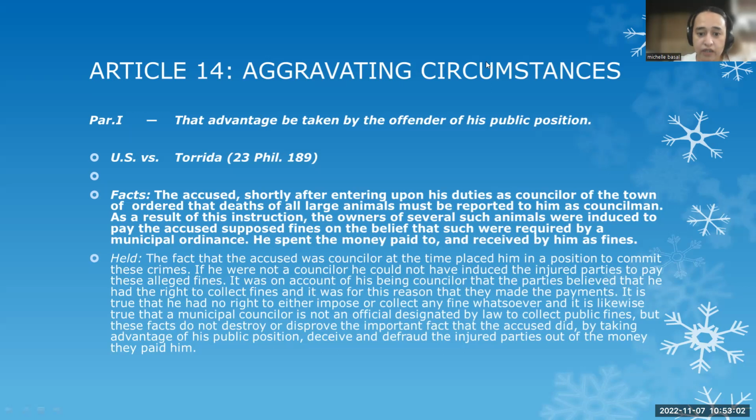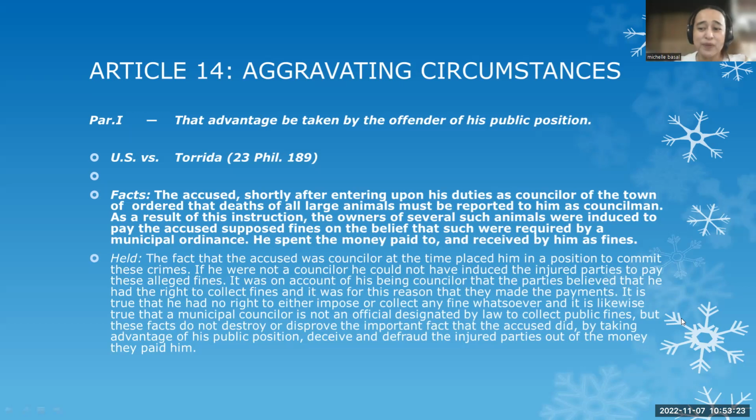It was on account of his being a councilor that the parties believed that he had the right to collect the fines. So imagine, they were all induced to pay the fines, and it was for this reason that they made the payment.